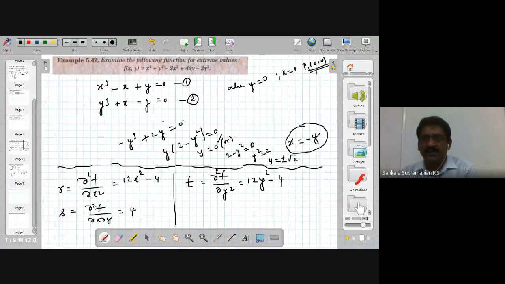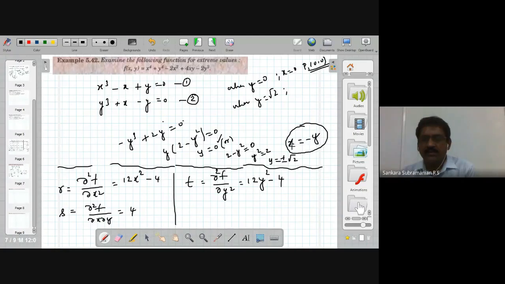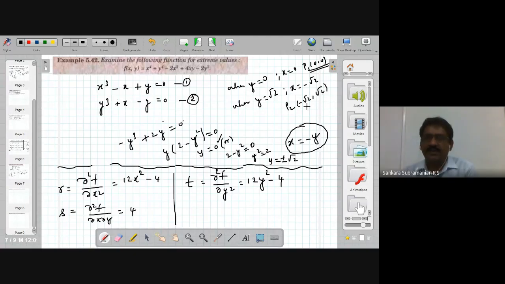That's the stationary point. Then I got y equal to plus root 2. When y is equal to plus root 2, what is x? x is equal to minus root 2. So the second point is minus root 2, comma plus root 2, because I have to write x coordinate first, then y coordinate.